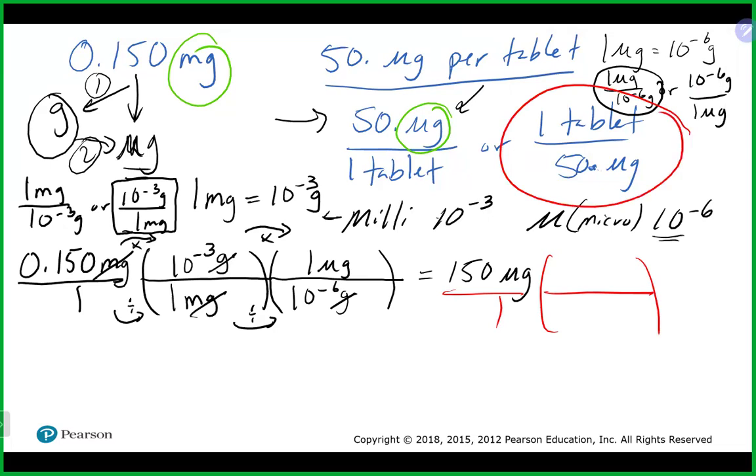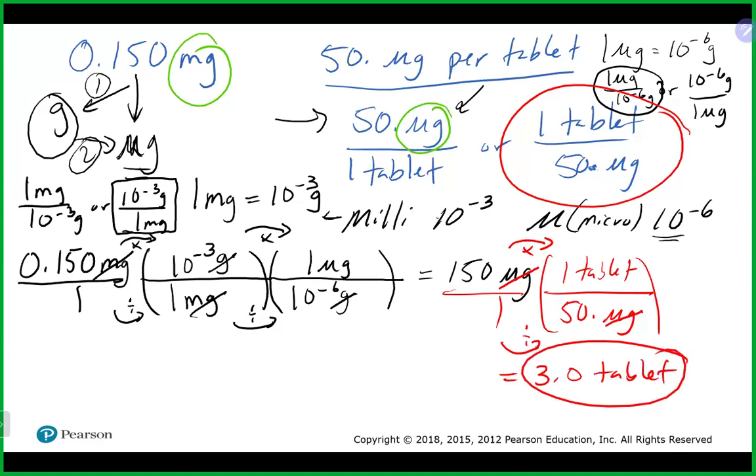So that's going to be this conversion here, where 1 tablet is 50 micrograms. Still multiplying the top, dividing the bottom, micrograms cancel, tells me how many tablets I should give this person, perhaps 3. Tablets or caplets, I can't remember what it was, capsules, one of those things would probably be the right one. First off, any questions on that there?